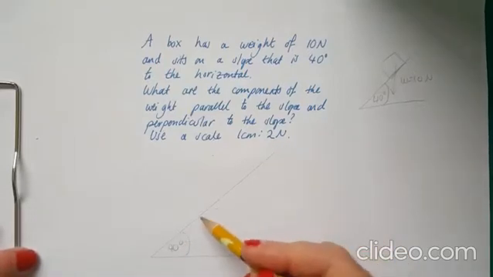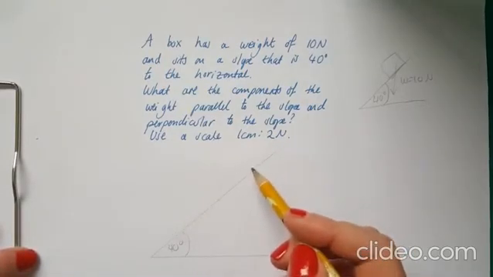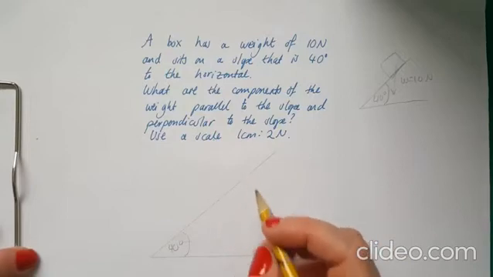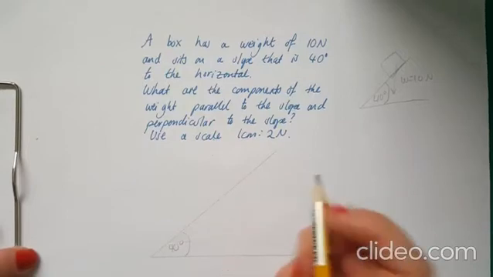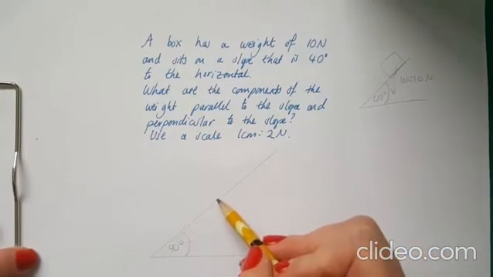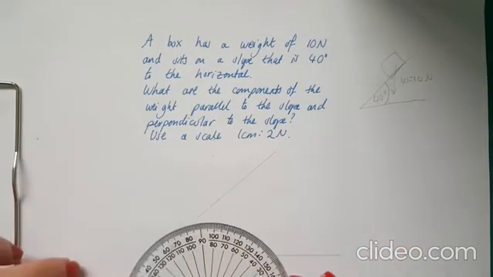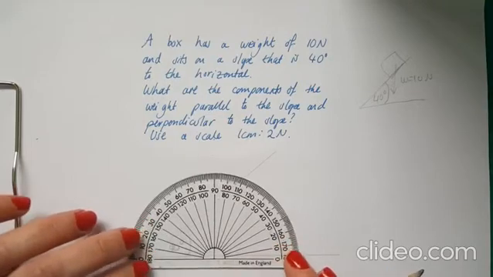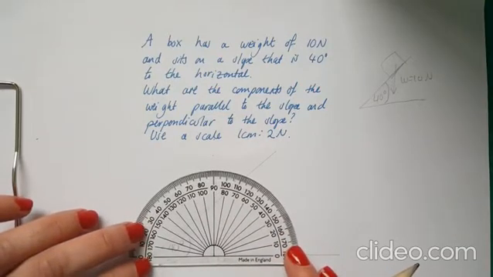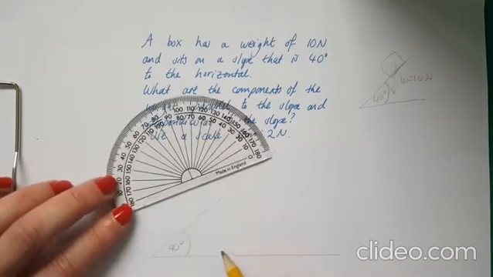Now I could put my weight vector anywhere I wanted on this slope. I'm not going to worry about drawing in the box, I don't need that for the question. But for convenience, I've already got this little dot here, so I'm going to use that dot. My weight vector needs to go straight downwards, and so it needs to be making, when it reaches this line here, a 90-degree angle.